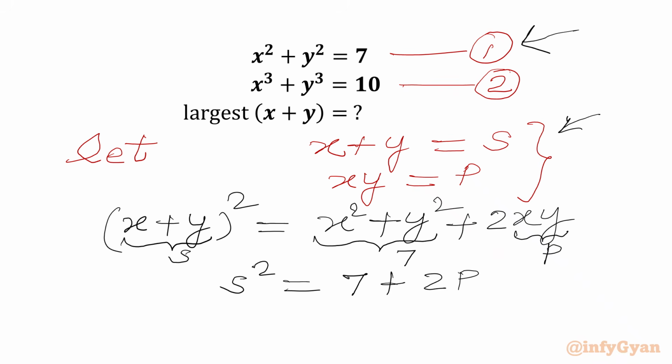Now we will subtract 7 from both the sides. So we will write minus 7, minus 7. So plus and minus 7 will be over from the right hand side. We will get S square minus 7 equal to 2P. Now we have to divide both sides by 2.